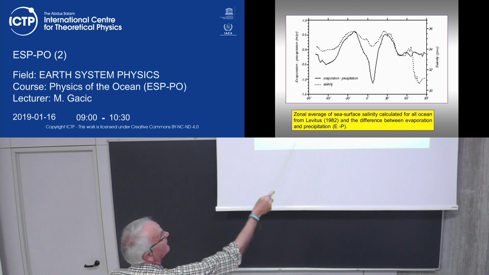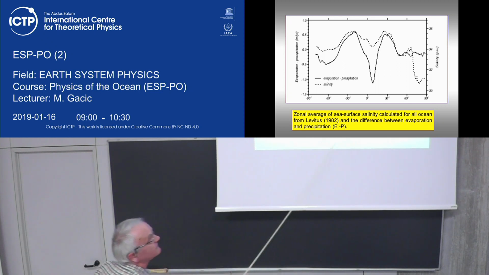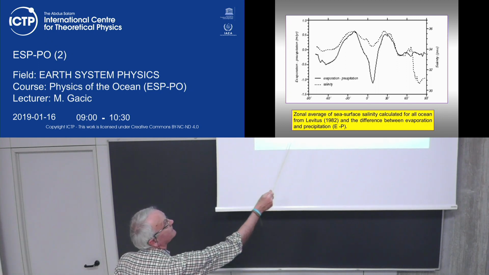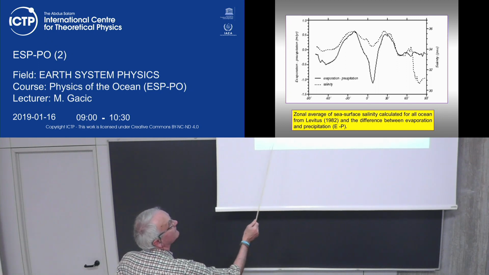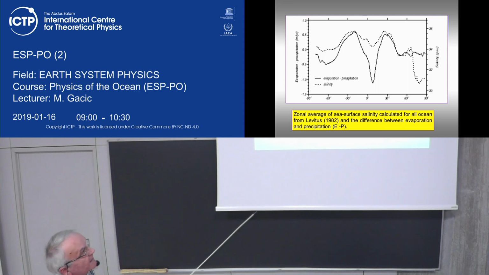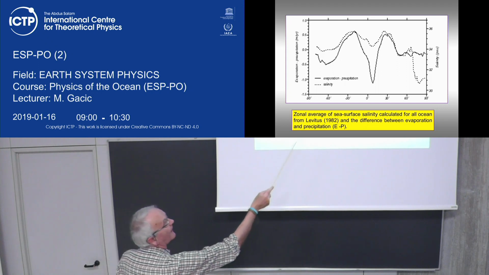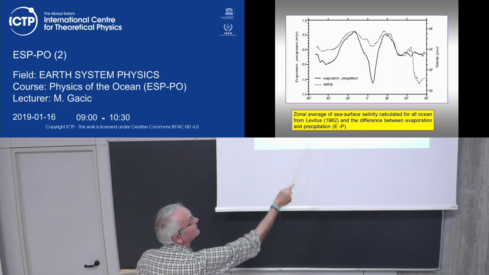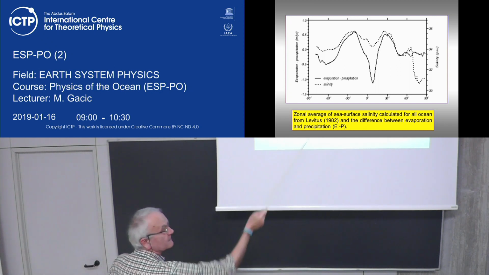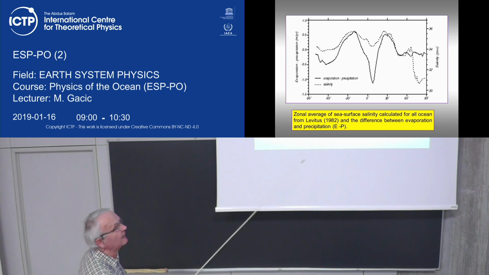And how it looks as far as the evaporation minus precipitation is concerned, you can see that the two curves follow each other rather nicely. Positive evaporation minus precipitation differences mean evaporation larger than precipitation here and here, and this corresponds more or less to the salinity maximum.